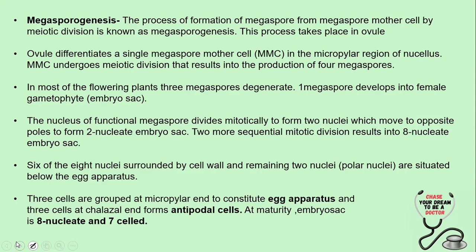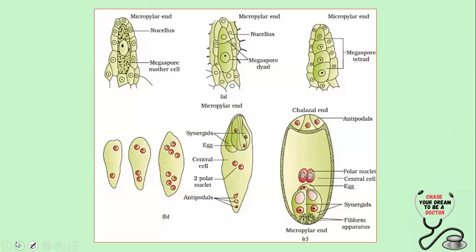Clear? So this point is very important. 3 cells grouped at the micropylar end form the egg apparatus, 3 cells at the chalazal end form the antipodal cells, and at maturity the embryo sac is in a 7-celled, 8 nucleated condition. So this is the exact diagram. You must pay attention.